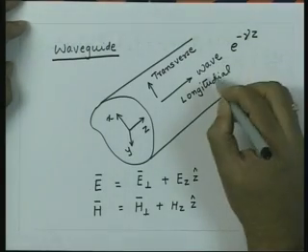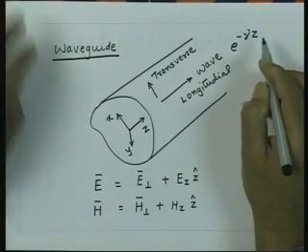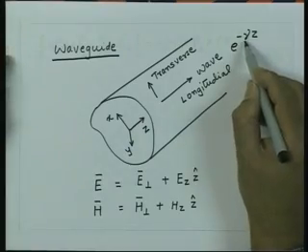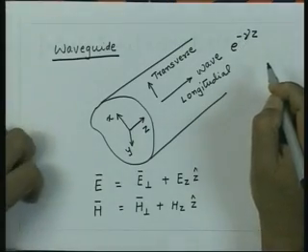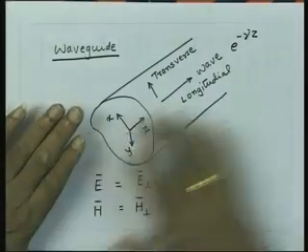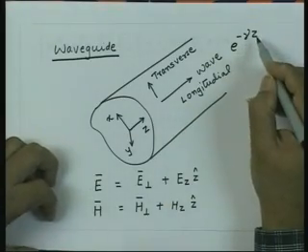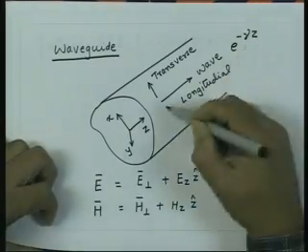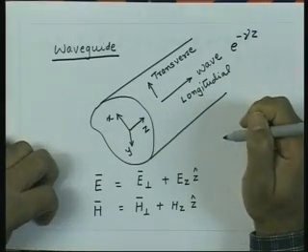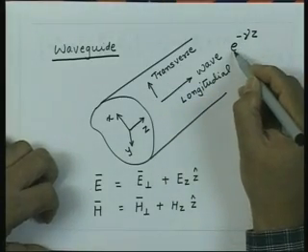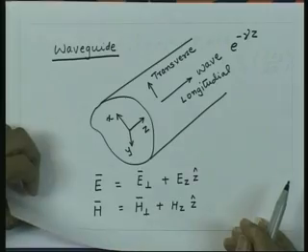So, the wave travels in the z direction with a propagation constant gamma. Since we are interested in the travelling wave inside the structure, we assume that the functional form of any field, electric or magnetic, in the z direction will be given as e to the power minus gamma z.